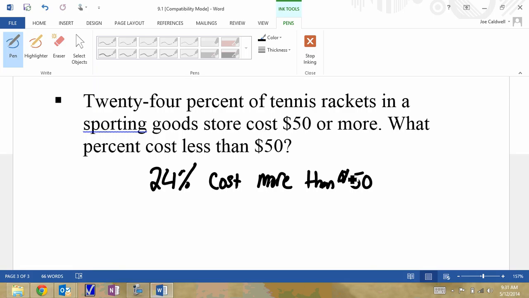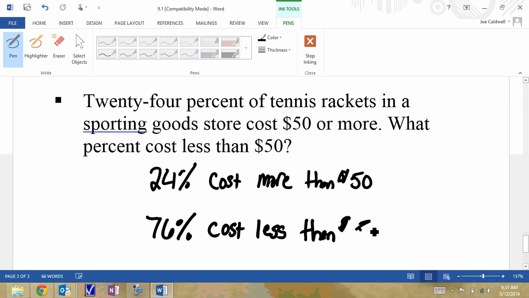So if 24% costs more than $50, that must mean that 76% must cost less than $50, because that would add up to 100%, which was our original goal. So you're going to have some story problems potentially in your homework, and you're going to find a lot of useful ways to use percentages as we go about doing this chapter all about percents.